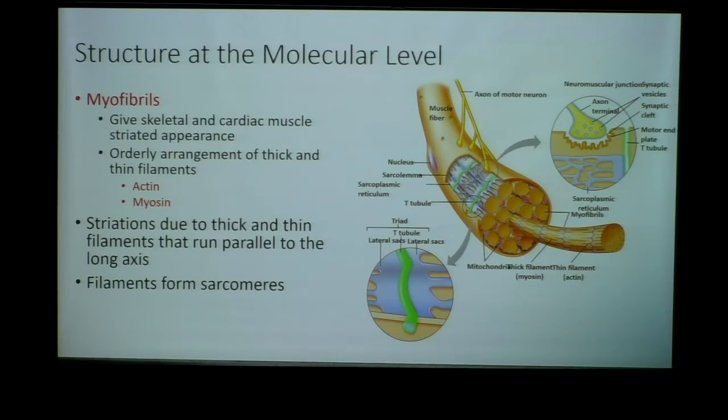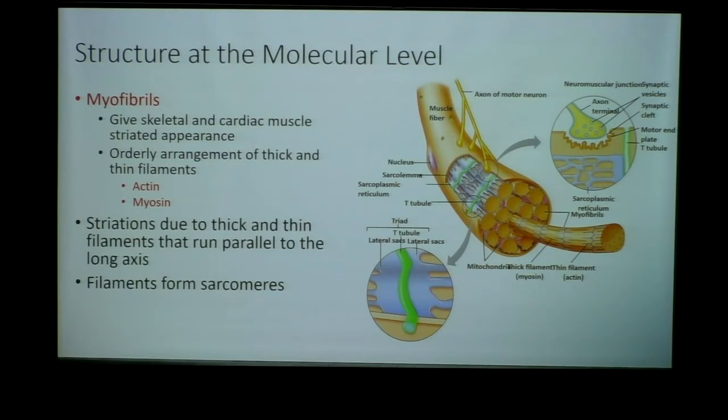Just cardiac and skeletal. Now there's the arrangement of these two proteins, these two filamentous proteins, actin and myosin. And again, looking closer at the myofibril, we can see two different staining patterns here. In the blue is actin, and in the red is myosin. And the arrangement of these two proteins is what forms the myofibril, okay?